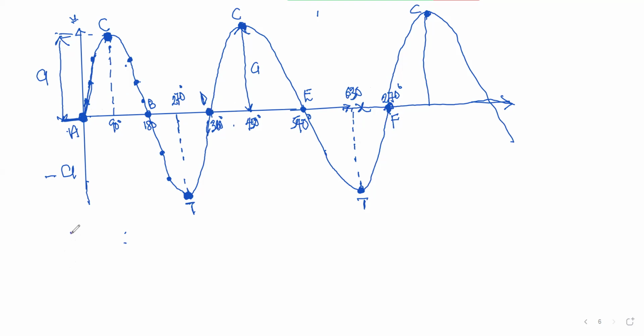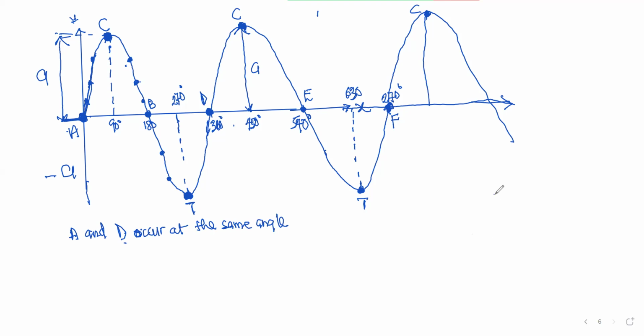Point A and point D occur at the same angle. Why do I say that they occur at the same angle? The angle 0 is the same as the angle 360.